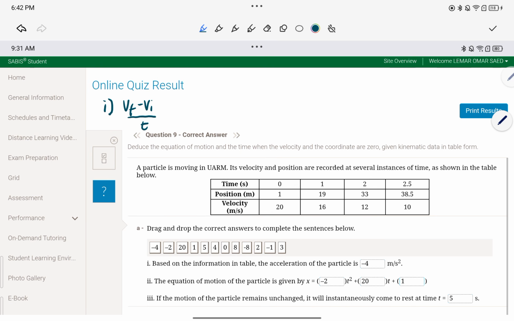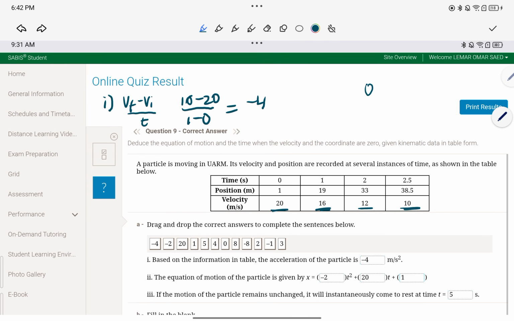The v final is 16 and the initial is 20. 16 minus 20 over 1 minus 0, which is equal to negative 4. We can also use this as final, this as initial. So 10 minus 12 over 2.5 minus 2.